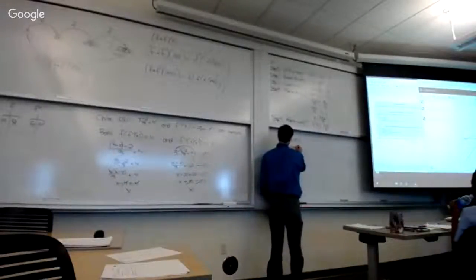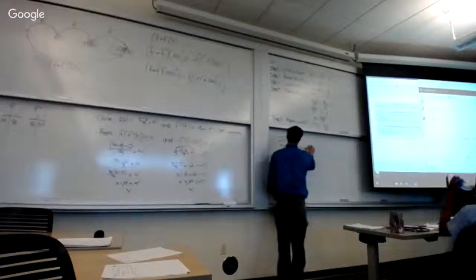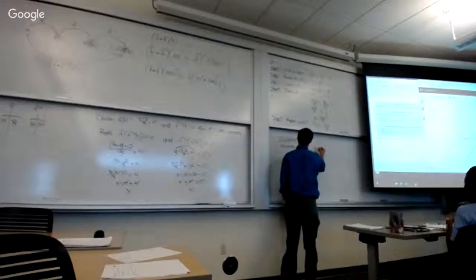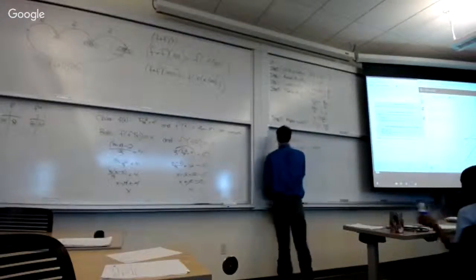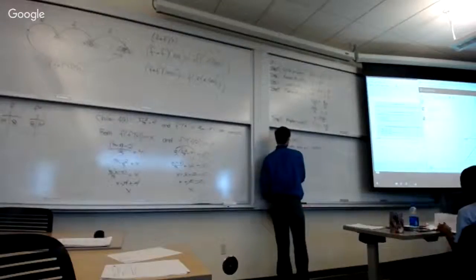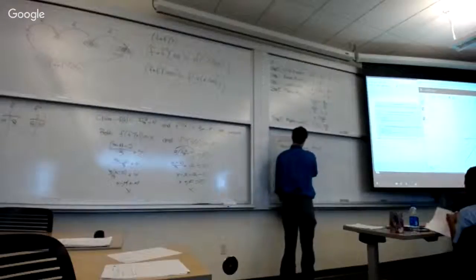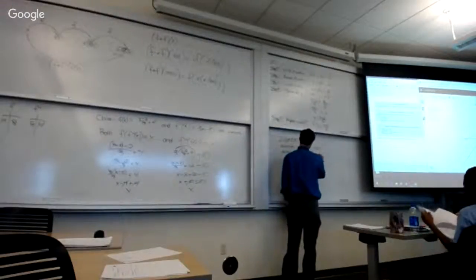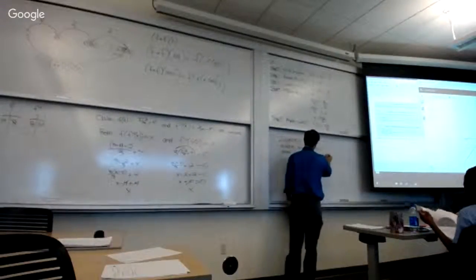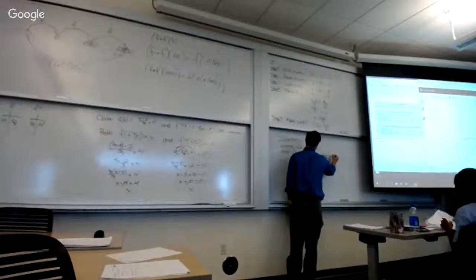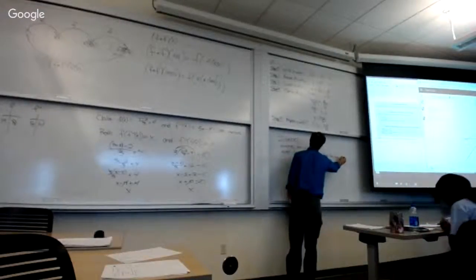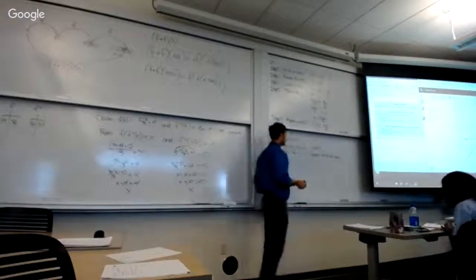Reverses the role of input-output. Must be 1-to-1, meaning passes the horizontal line test. These are all just good facts about inverses.